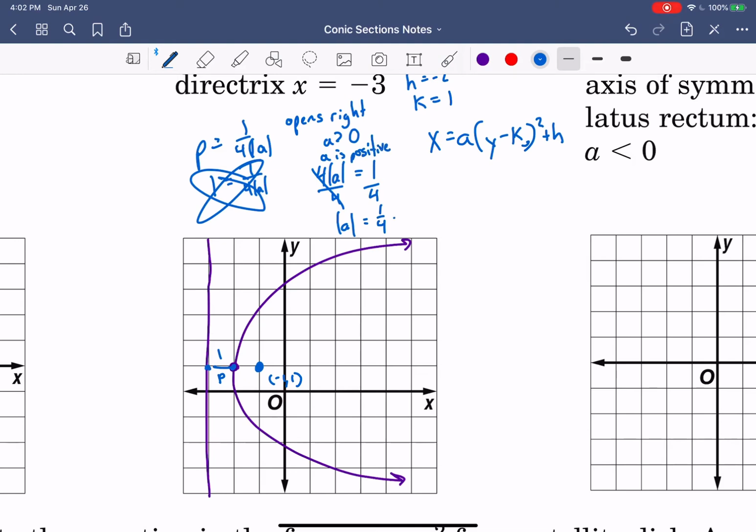So here, a is equal to positive 1/4. So we can do x is equal to positive 1/4, y minus 1 squared, plus -2. So that would be our equation for this parabola.